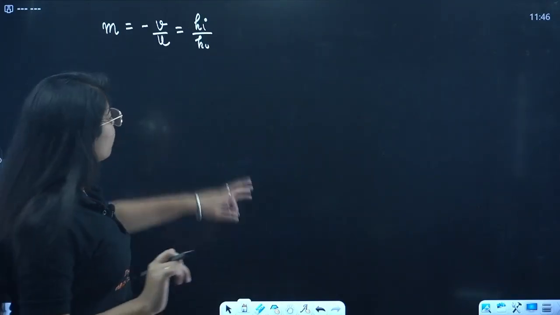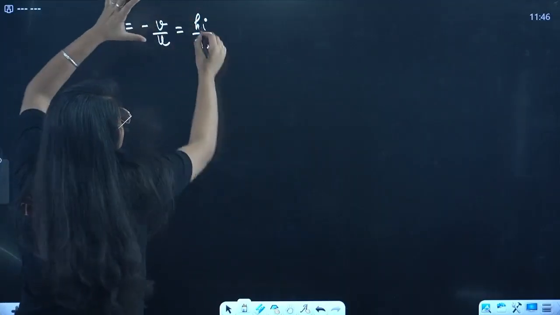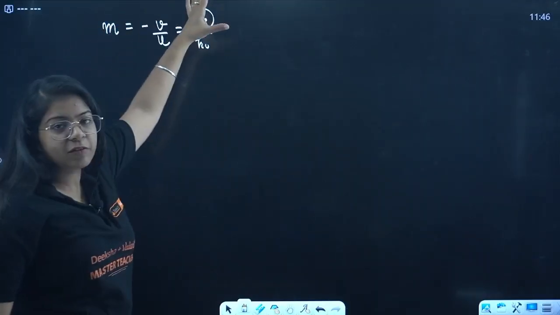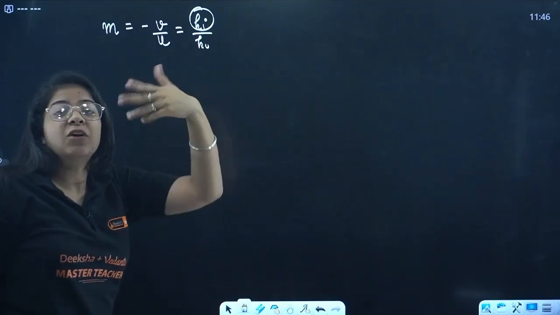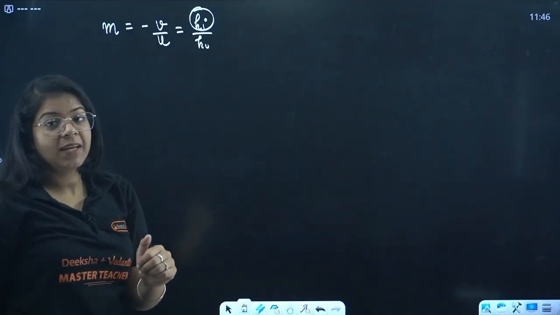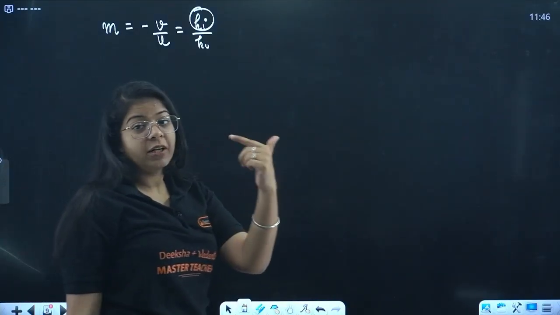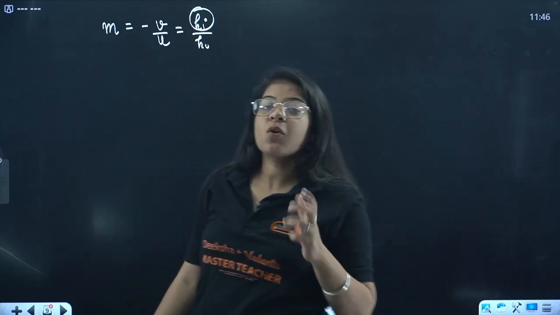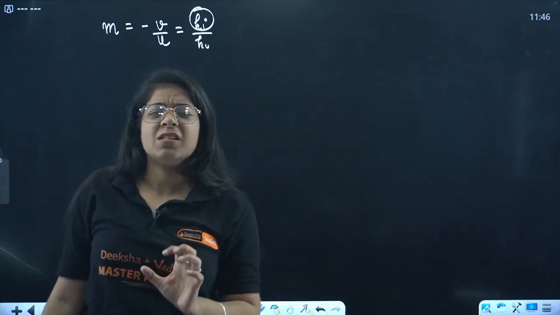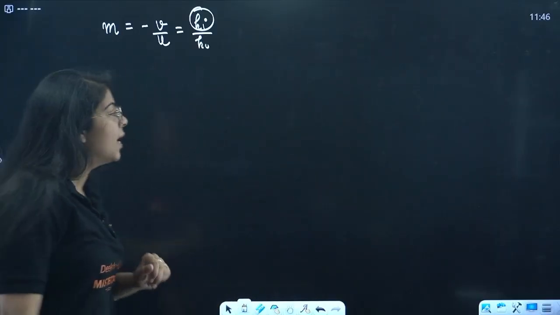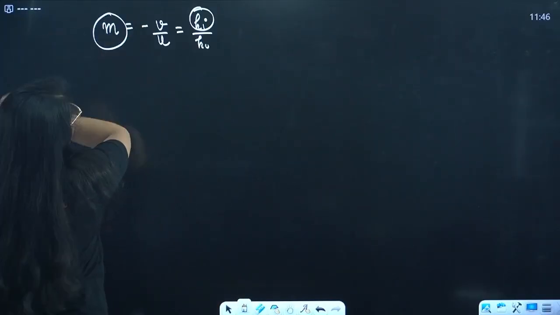Understood? Now they've asked us to find the size of the image, that is height of the image. That can only be found if the height of the object is given, which is not given. So in this case you have to use your brain and see, okay, if the size of the object is not given, we'll probably just have to give the answer till magnification. So we just have to find the magnification.